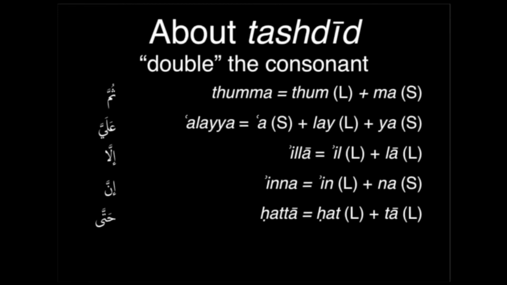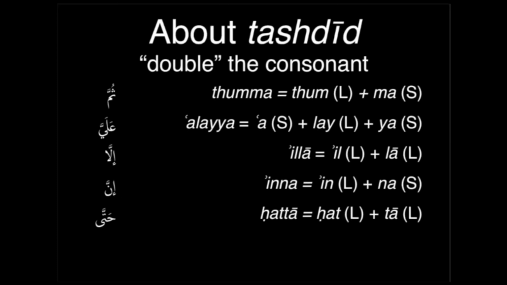So let's talk about tashdid. This is where we double the consonant. And I gave you a couple of examples of that because it's quite common in Arabic. So for example, thumma is made up of two syllables. The first syllable is thum, which is long, and it's followed by ma, which is short. In combination, thumma, two syllables.